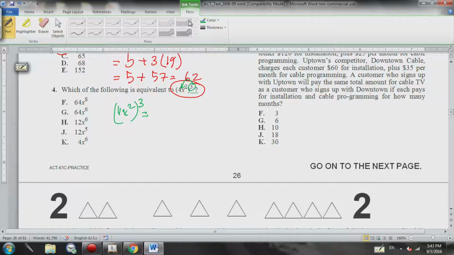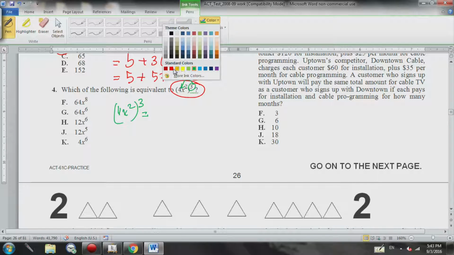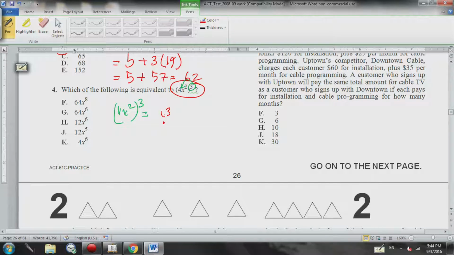So this will become 4 cubed times x to the 6th power, since 3 times 2 is 6. 4 cubed is 16 times 4, that's 64, times x to the 6th. So that is this over here, G.